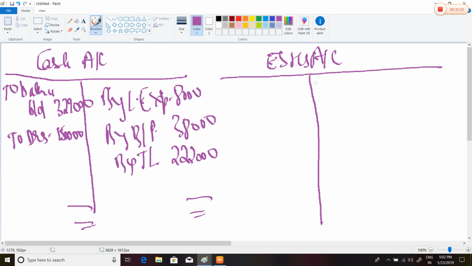By equity share capital. Okay, we are going to reverse all the entries. Liabilities are usually credit, but we'll do debit. We'll reverse all entries because we are giving money to equity shareholders. 12 lakh.